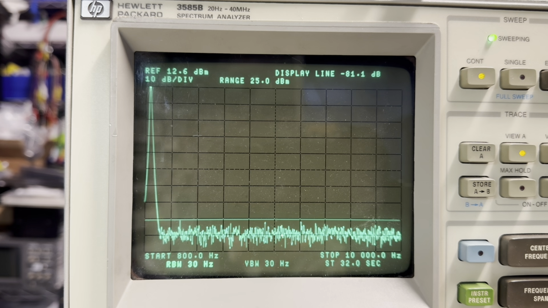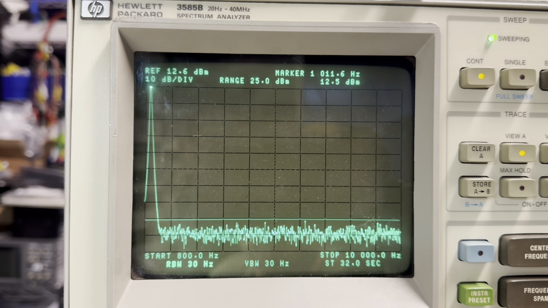This is an instance where, if you wanted to find the harmonic content of a signal, especially a signal like this where you have much greater spectral purity, you really need some sort of distortion measurement system or a notch filter or something, so that you could isolate this large fundamental here and increase the dynamic range of the spectrum analyzer.